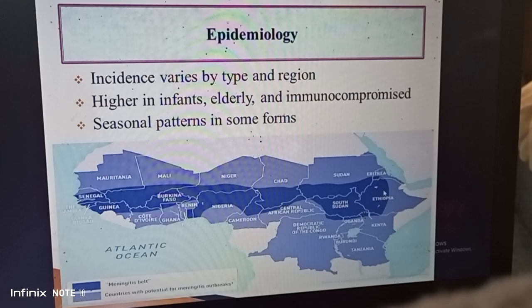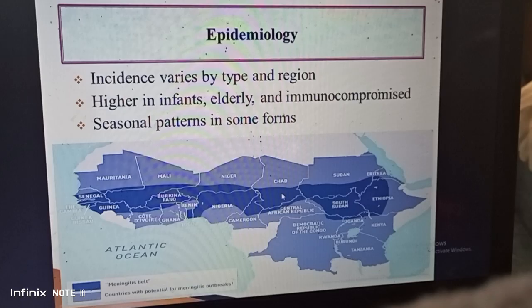It starts from Eritrea and Ethiopia, including South Sudan, goes through Central Africa, including Chad, Niger, Nigeria, then Burkina Faso, and finally goes up to Senegal and Guinea. This is the meningitis belt, where epidemics of meningococcal infection, caused by Neisseria meningitidis, commonly occur, causing epidemics every certain number of years.